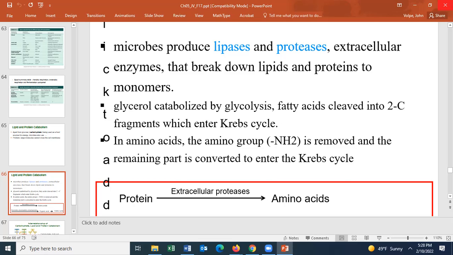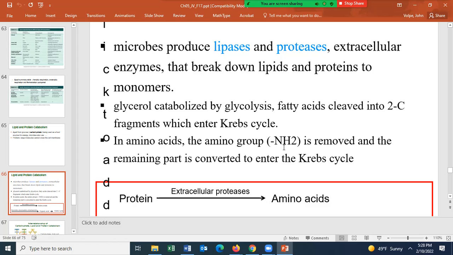And there is a problem with having a high protein diet, and that is the amino group has to come off of each amino acid before it can be converted into a carbohydrate and then used by aerobic respiration. And then this amine group that's removed from the amino acid is converted into urea and has to be peed out.